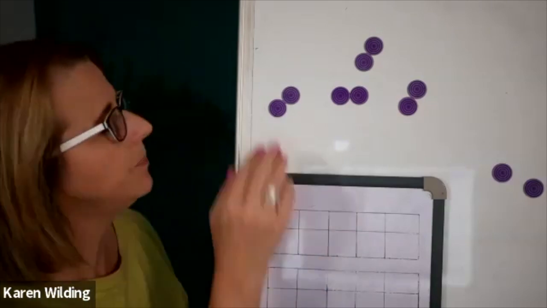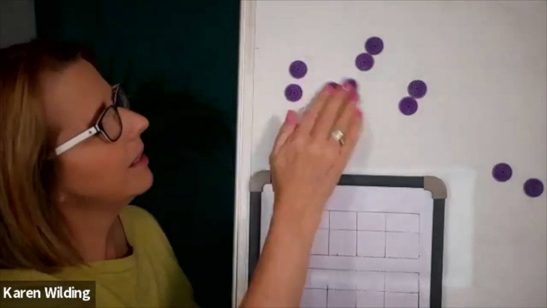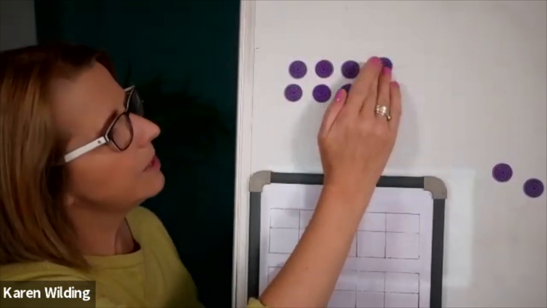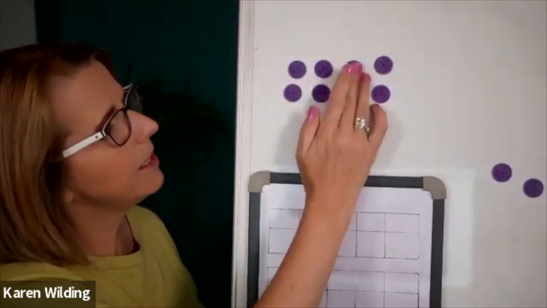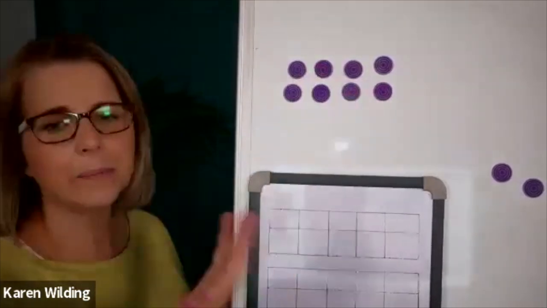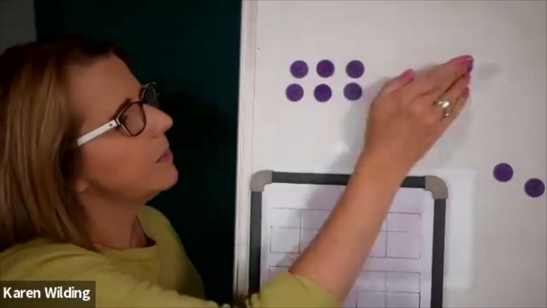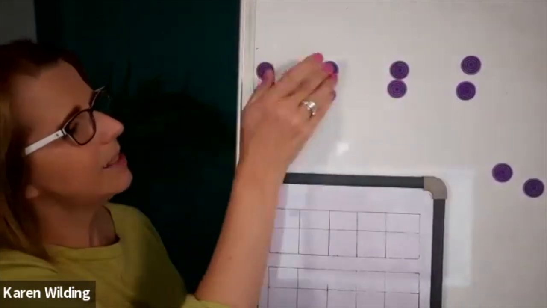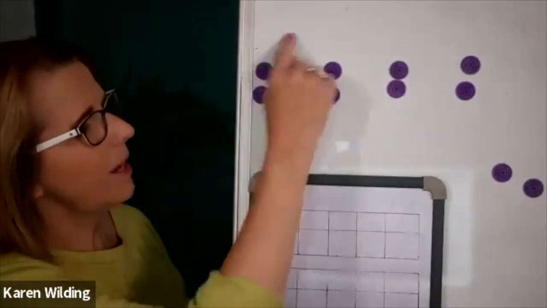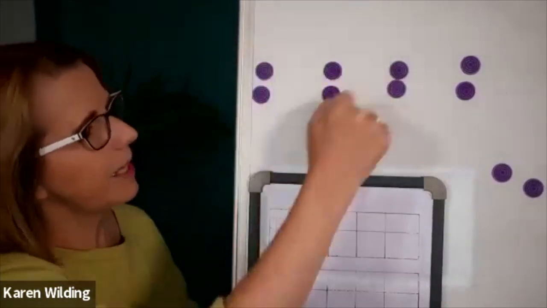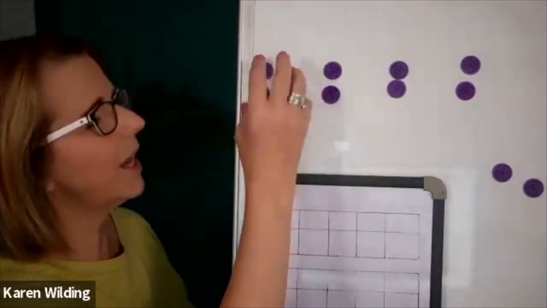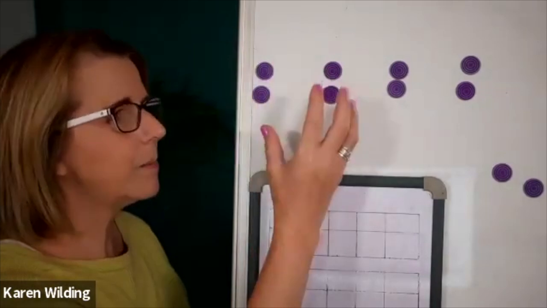and multiples. Let's go back to our 8. Quite hard when you're younger to see the groups of 2 in 8, and we want them to see them. So the best way to do it is move it to prove it. So let's move them out of the way. There's a 2, there's a 2, there's a 2, and there's a 2. And we've got a group of 2 here, 2 groups of 2, and of course 2 groups of 2 equal to 4, so it's quite a difficult thing to look at how many are in the groups versus how many groups.